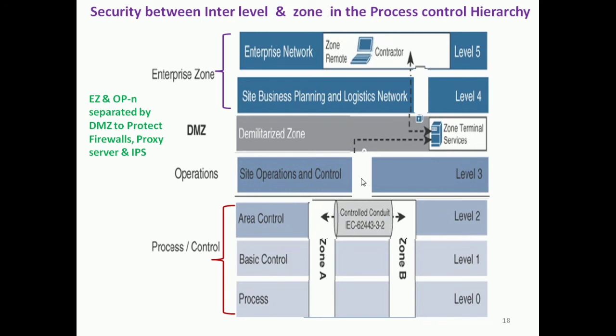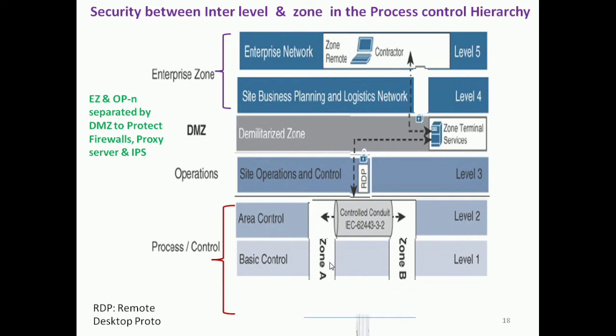Now we can establish the relation, because the demilitarized zone will help us, as sessions will be generated and terminated there itself. In that sense, RDP, the remote desktop protocol, will be established to communicate with the layers above, from the enterprise zone to the operation zones, to exchange information.